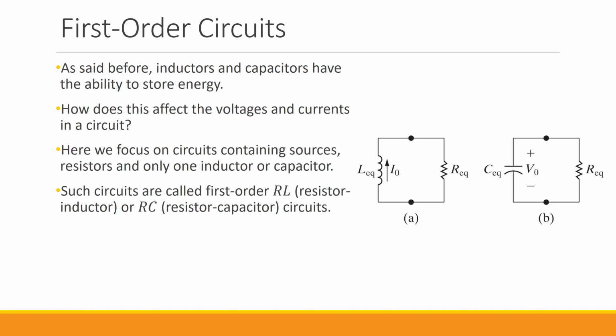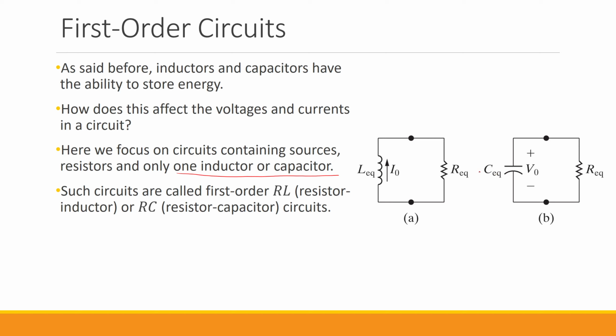Here we only focus on circuits that contain some sources, resistors, and only one inductor or capacitor. And by only one, you can also consider that if you have several of them connected in series or parallel, they can be reduced to a single equivalent inductor or capacitor.